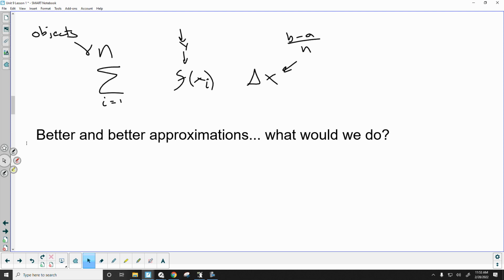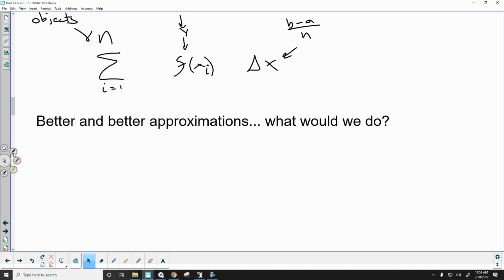Mathematicians are like, man, this whole idea of finding areas under curves that are not geometric, like areas under functions rather than areas under semicircles, things that we don't have equations for, this is the idea behind it. Let's try to approach infinity with the amount of rectangles we're using.